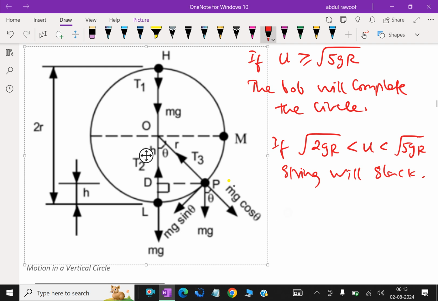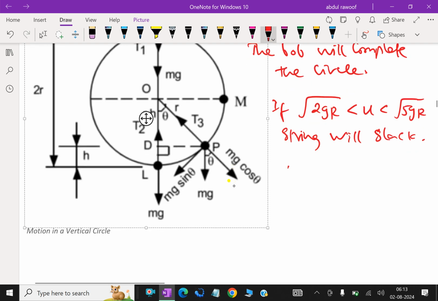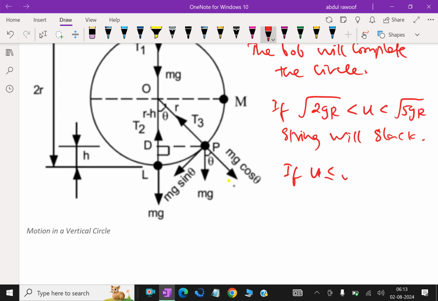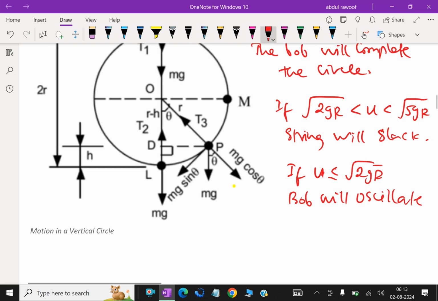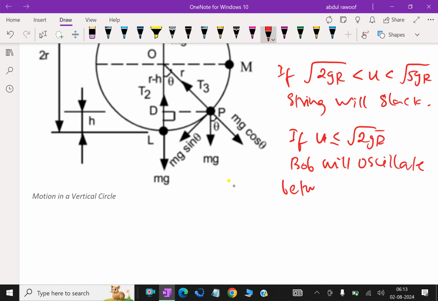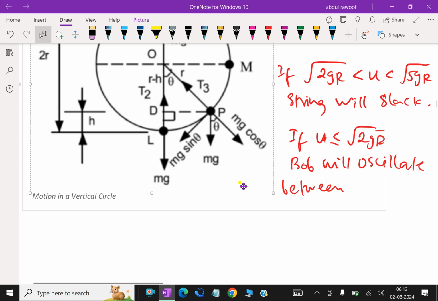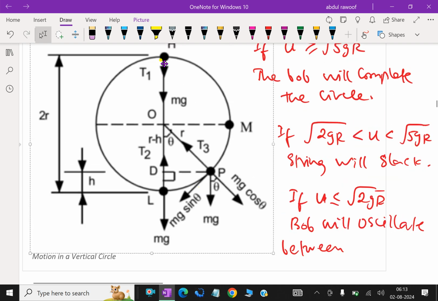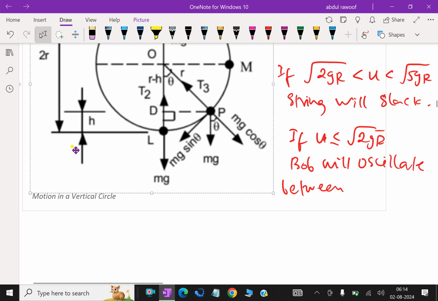Then another condition, if u is less than or equal to square root of 2gr, what happens is the bob will oscillate between this one side of the circle, between a half circle.